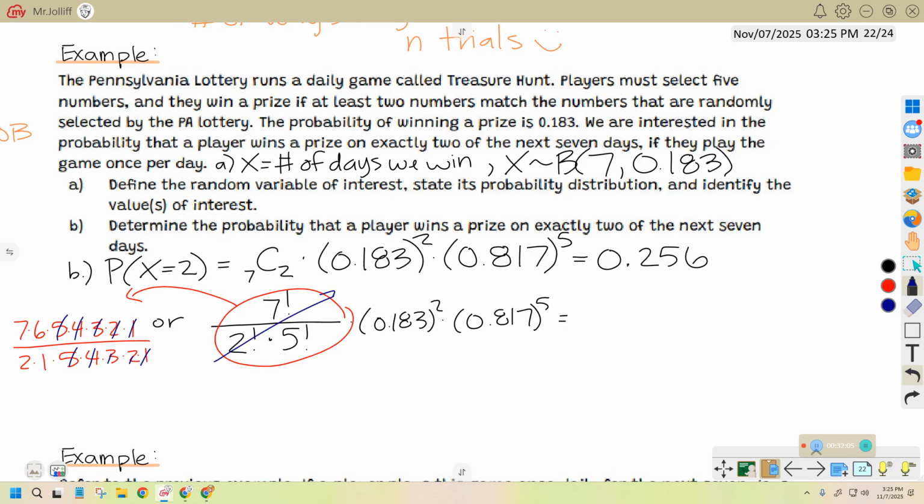This whole ugly fraction is just 21. And way faster than having to go back into Math Prob 3 times to pull up a factorial. Right? We're lazy. And I bet if you run that in your calculator, you should also get 0.256 rounded. Yay.